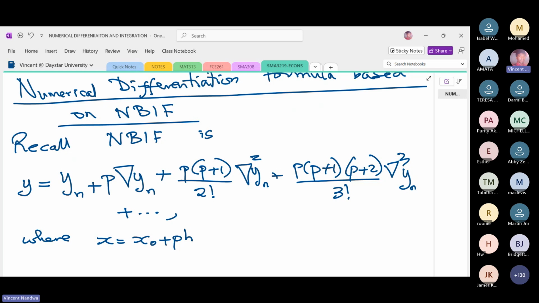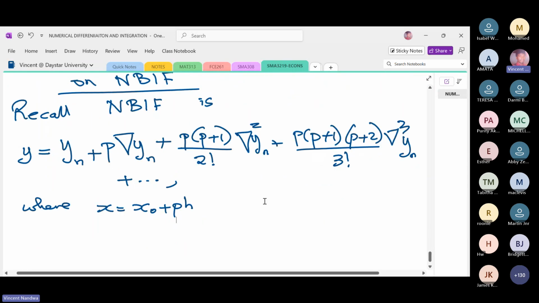Because the formula is in terms of the variable p, yet our function is in terms of x. So you must always give a connection between x and p. As usual, h is the interval of difference or the mesh spacing, and x naught is the starting mesh point.